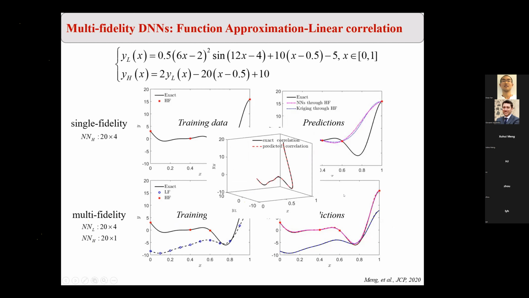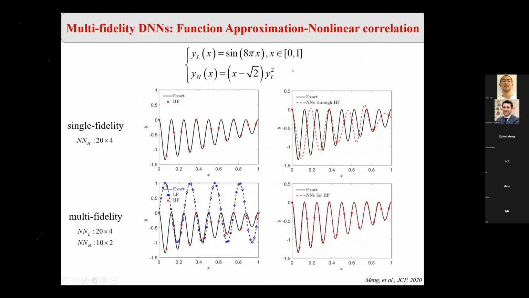As I mentioned before, the key in multi-fidelity modeling is to learn the correlation between the low fidelity and high fidelity function. Here I also plot the predicted correlation from the neural network and the reference correlation. As we can see, the predicted correlation agrees well with the reference correlation.